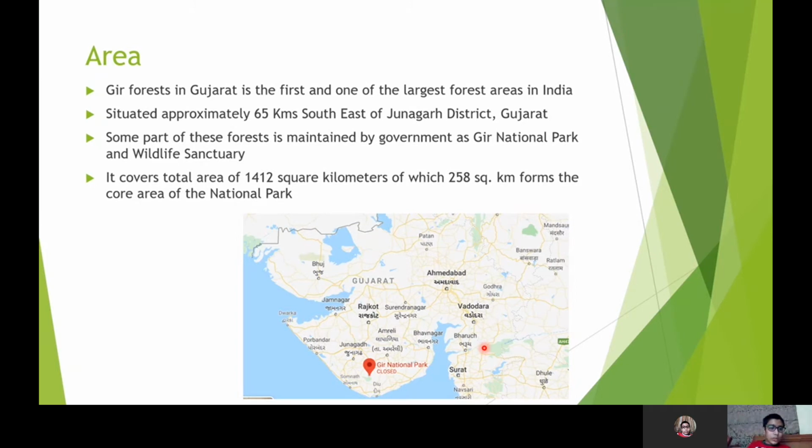It covers a total area of 1,412 square kilometers, of which 258 square kilometers form the core area of the national park.